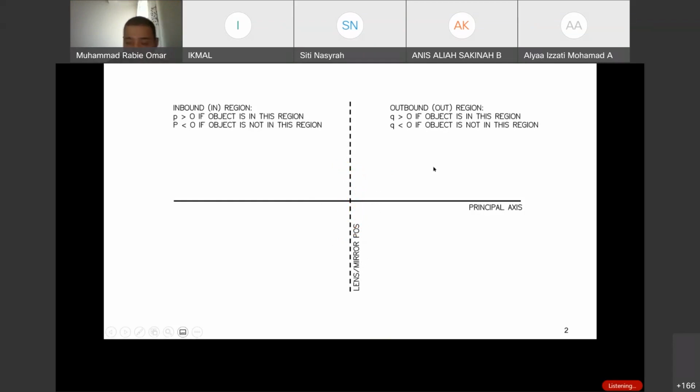First, I need you to not remember things, okay? You don't have to remember, for a lens, that the left hand side should be P minus. You don't have to remember that.